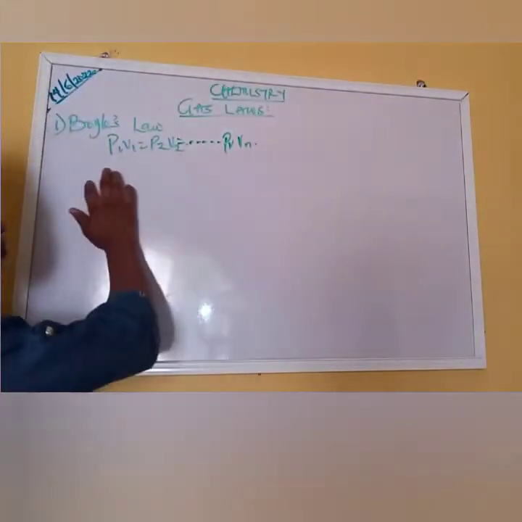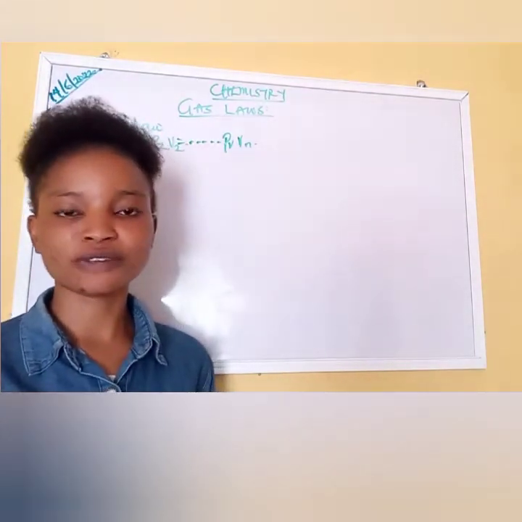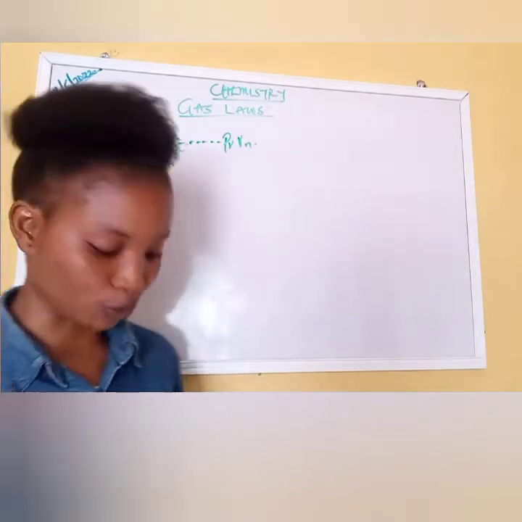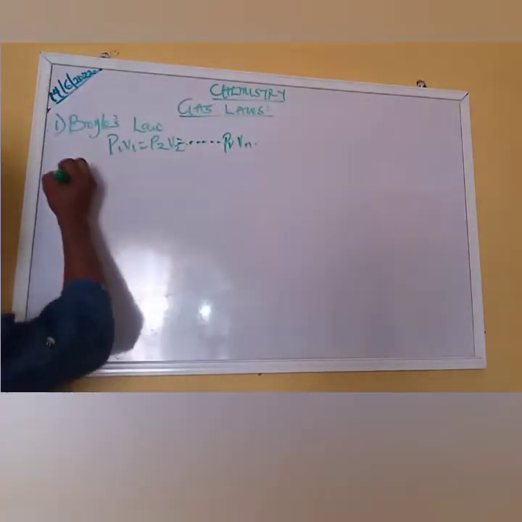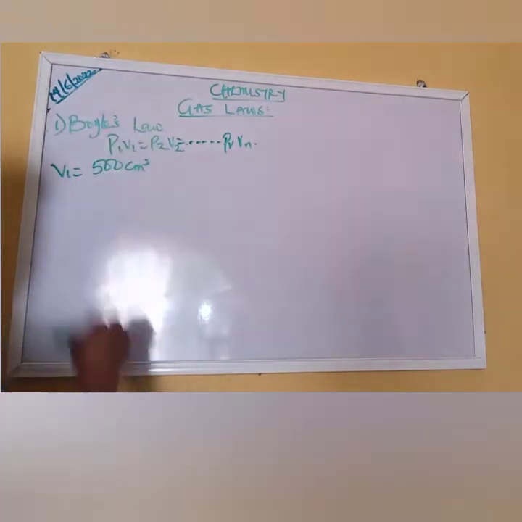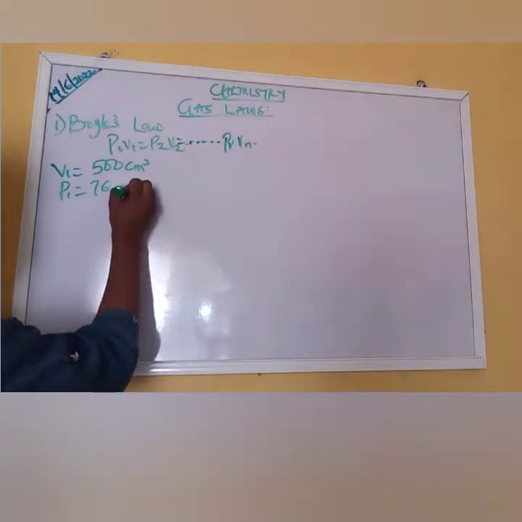One of the major formulas of gas law is P1V1 is equal to P2V2. We've been given our V1: the first volume you come across is 500 centimeter cube. The first pressure you come across is 76 millimeter mercury.